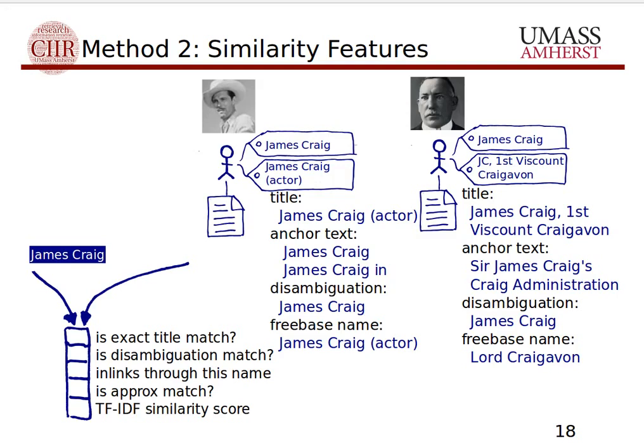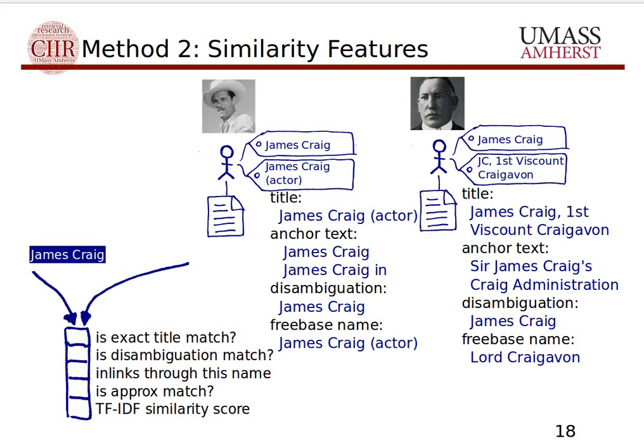So from these different names that we can identify, we can turn each of them into a different feature. For instance, in our feature vector, we can have the first entry be a 1 if this query mention is an exact match in the title, which is no in both of these entities' cases. We can ask, is it a disambiguation match? That will be true for both of these entities.